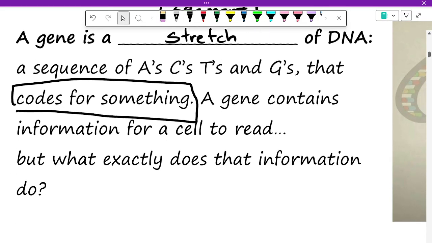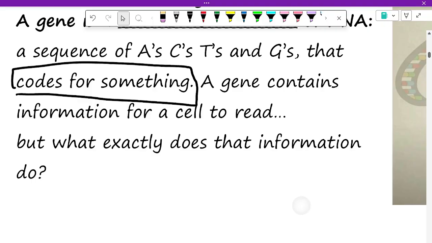A gene contains the information for a cell to read, but what exactly does that information do? It codes for a protein.